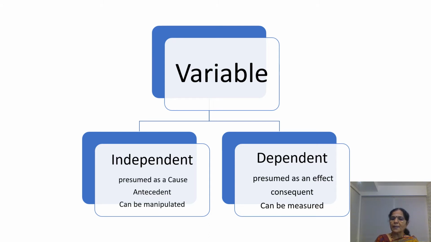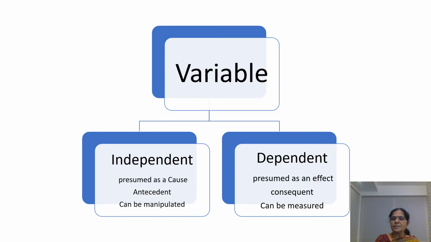How does he manipulate it? By introducing it in a study, or by removing it from the study, or by decreasing the time spent or increasing it. So this way the researcher can manipulate it.